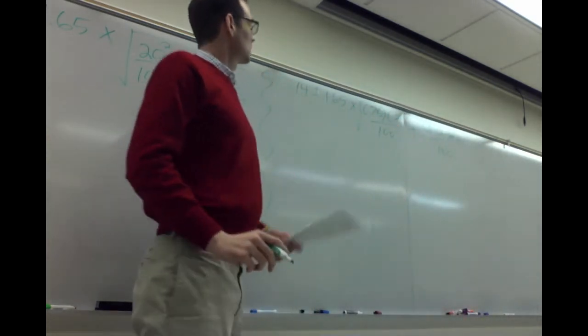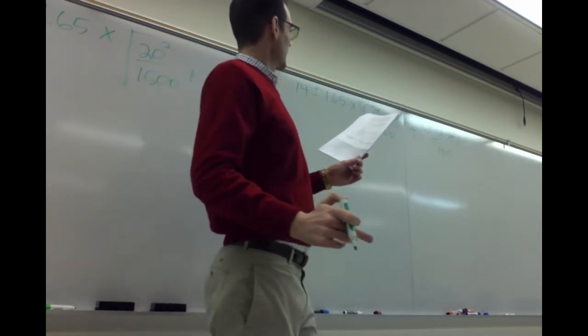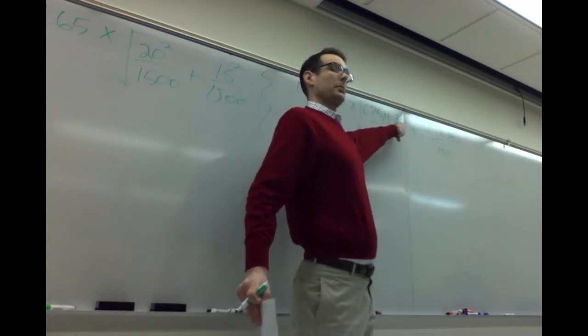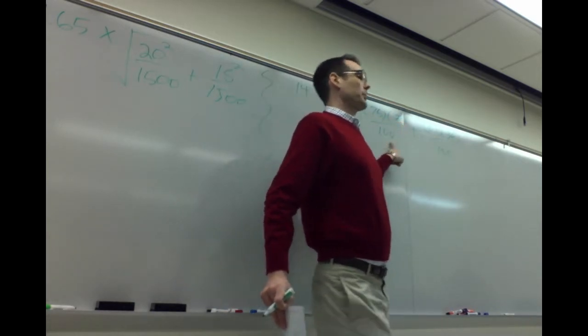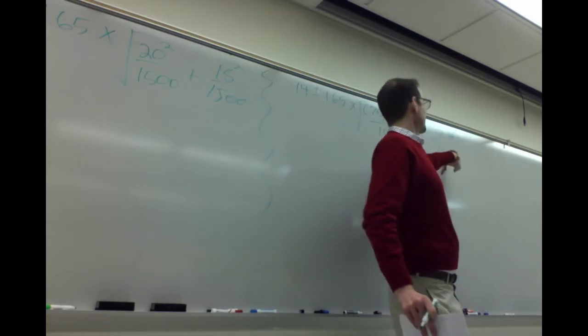So proportion 1 times 1 minus proportion 1 divided by sample size 1, plus proportion 2 times 1 minus proportion 2 divided by sample size 2.